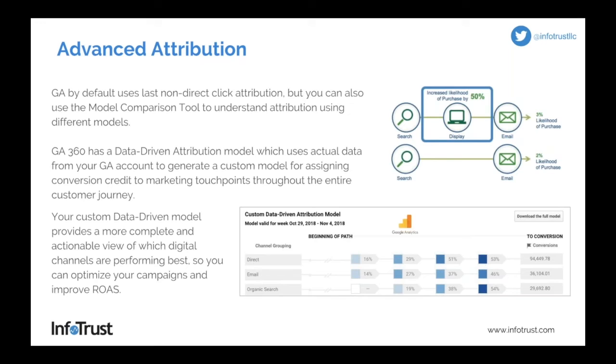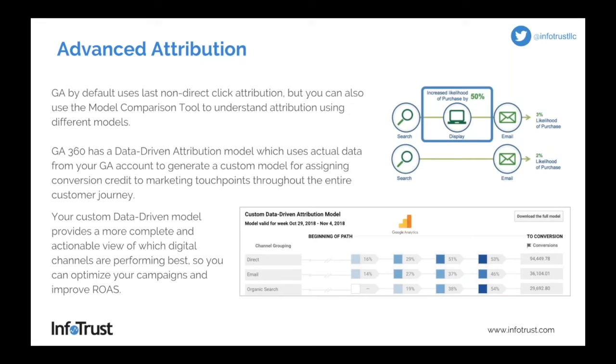Now with Google Analytics 360, there's a data-driven attribution model, and that uses actual data from your Google Analytics account to generate a custom model for assigning conversion credit. In this case, you can see the bottom right-hand corner. I'm not even sure what property this is from, but this is creating a custom data-driven attribution model based on the value of those different channels through the entire customer journey.